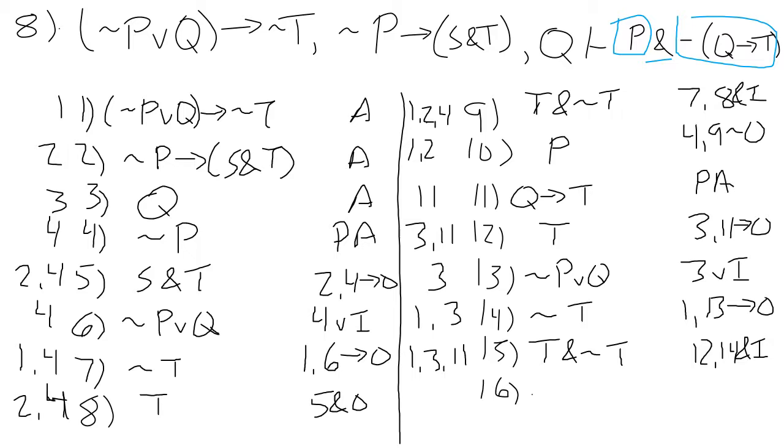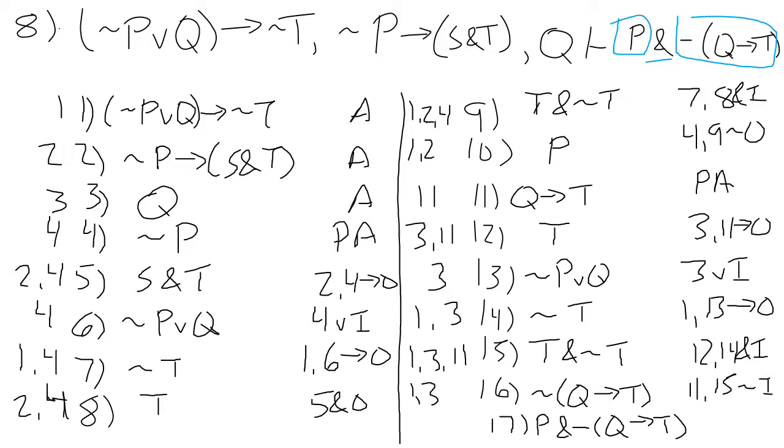Now we can tilde in on our Q arrow T, 11, 15. It's 1, 3, 11, 11 drops out because we're tilde-ing in, and then we just need one more line to put them together.